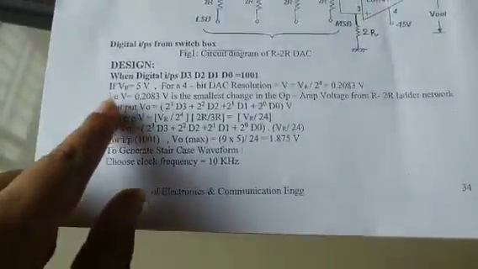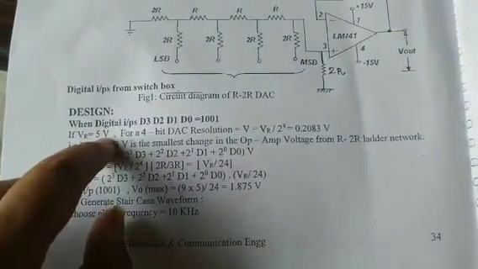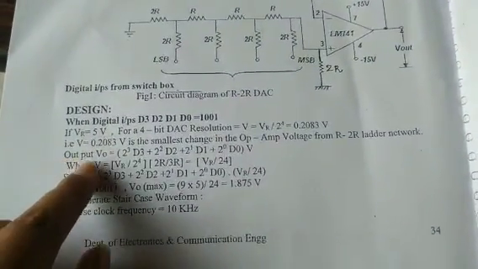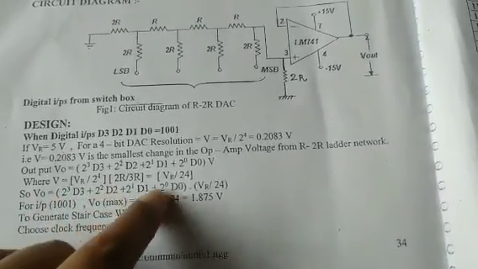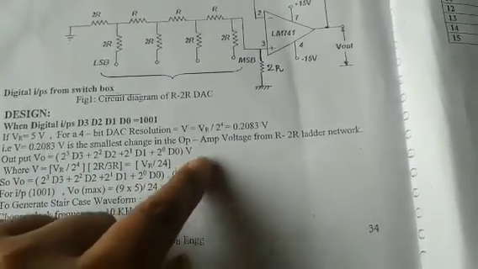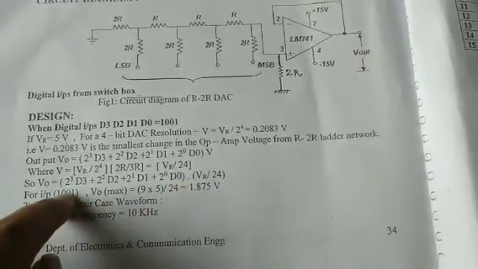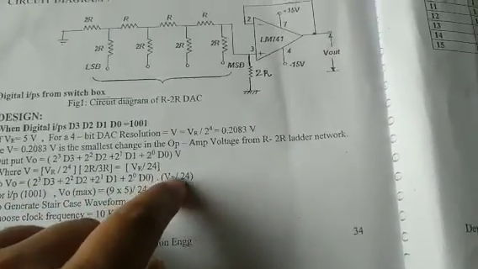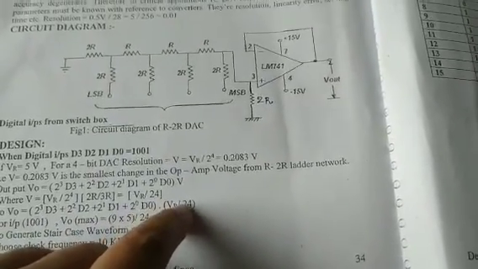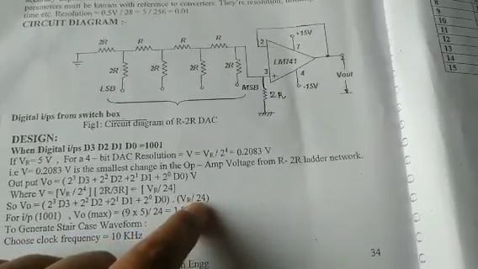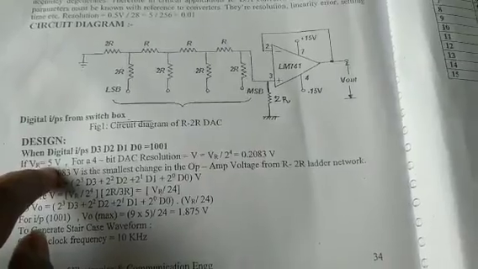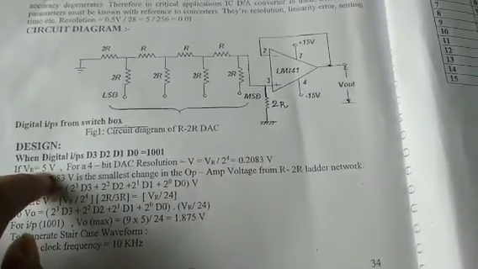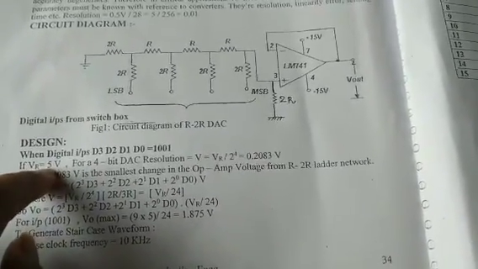Okay, so it is also mentioned in your manual in the design. Even in the manual it is explained how to calculate the theoretical value. So this is the equation, and this coefficient is VR by 2 to the power of 4, where VR is the reference voltage, which is 5 volts, and 5 volts is nothing but a high voltage.